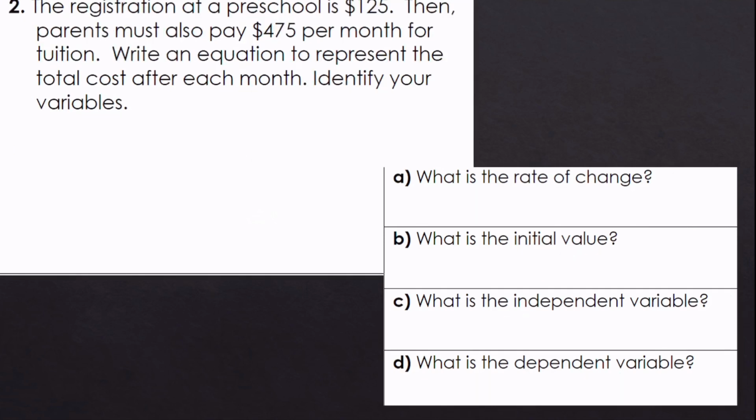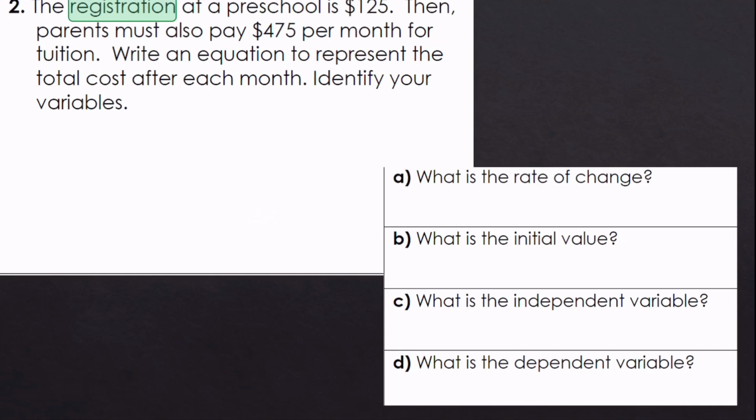So let's look at another one. The registration at a preschool is $125. Then parents must also pay $475 per month. Write an equation to represent the total cost after each month. Identify your variables. So let's look at this. We're looking at the registration.